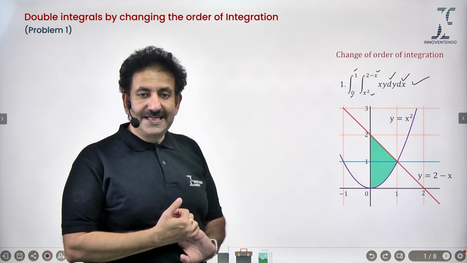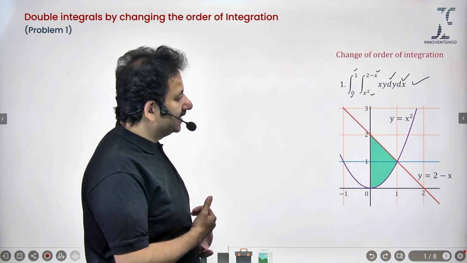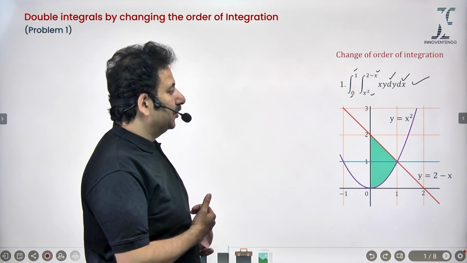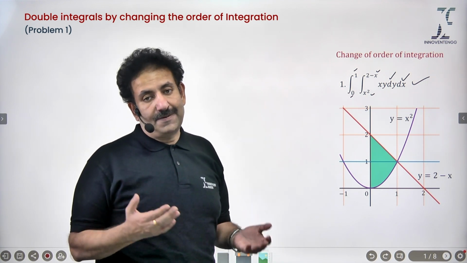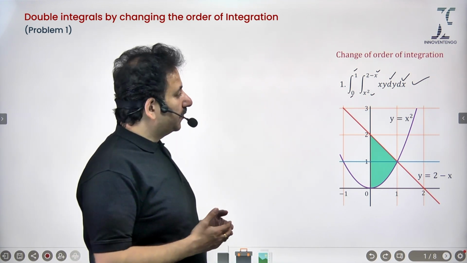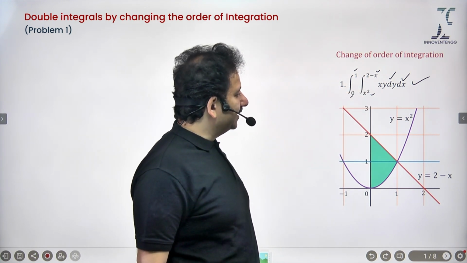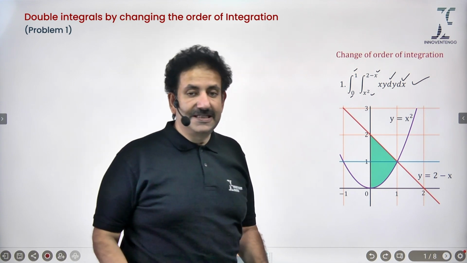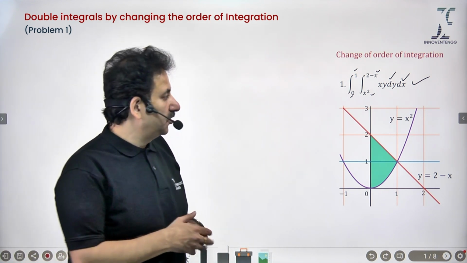This very clearly means that your boundary definitions are actually not straight lines, either parallel to the y-axis or parallel to the x-axis. Because the moment you say the limits are variable, either your boundary definitions are inclined straight lines or curves. That is observation 1.